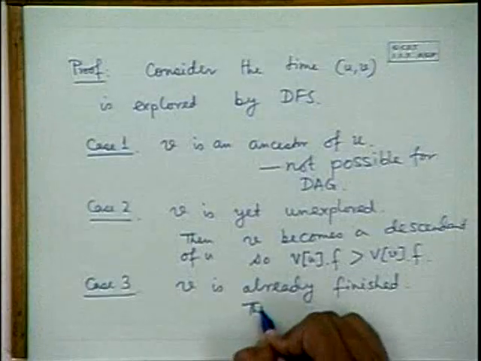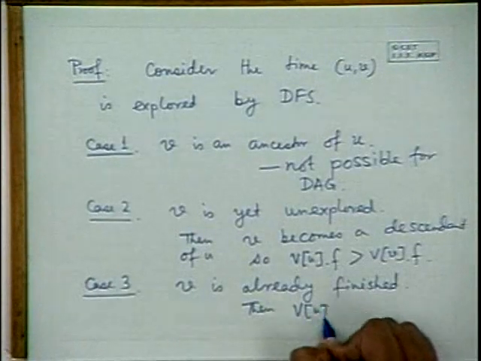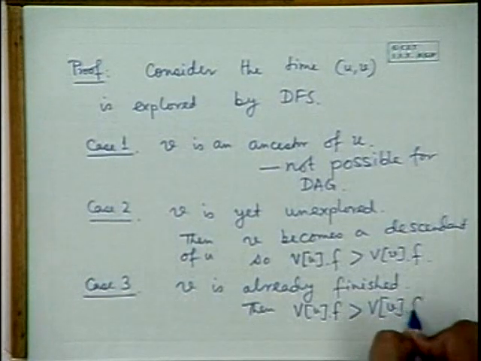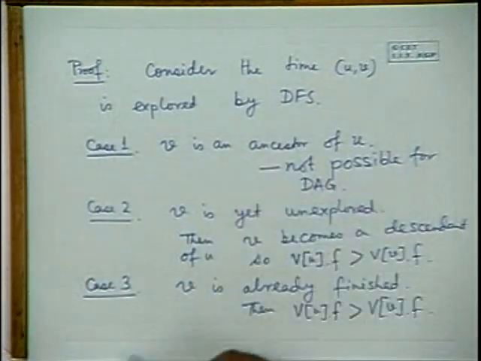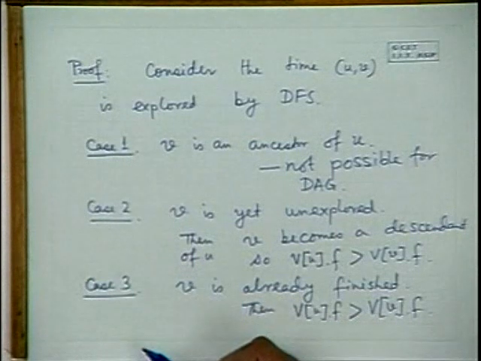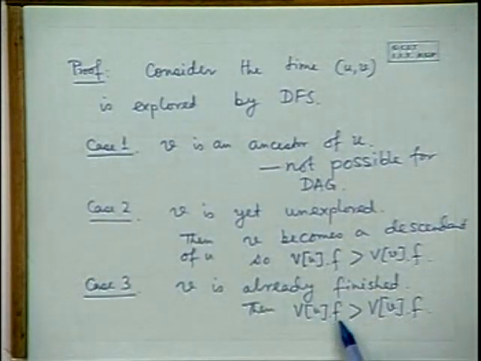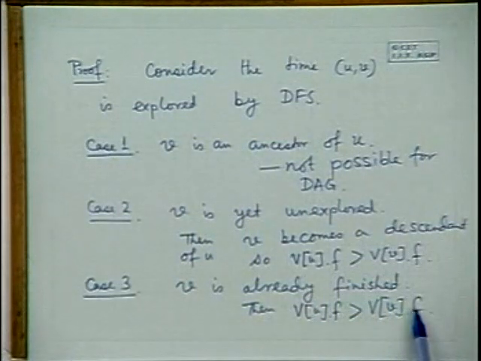So it must be true, then U.F is greater than V.F. So these are all the exhaustive cases; there cannot be any other case. In all cases, we have proved that U.F is greater than or equal to V.F if UV is an edge.